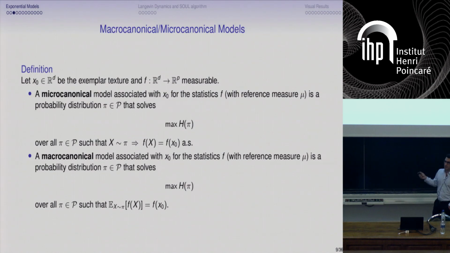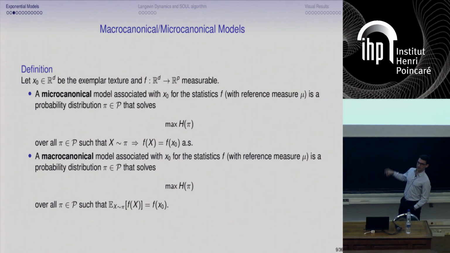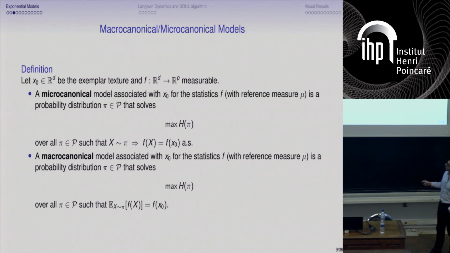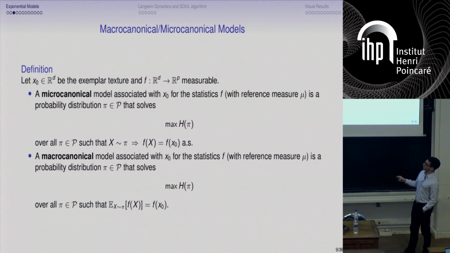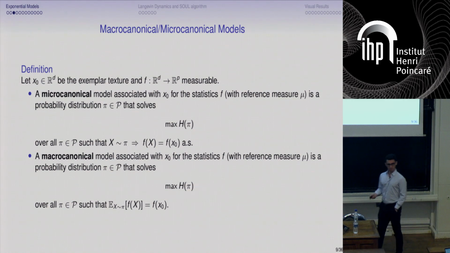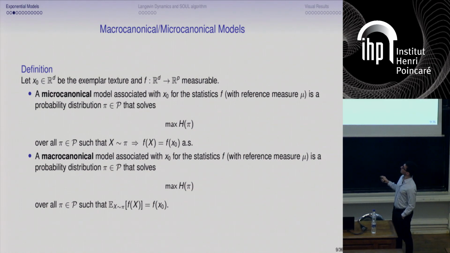So here, I go back to the definition on which I already told you something before. Here, in the whole talk, x0 will be the exemplar texture, and f will be the set of statistics that we wish to preserve. And so again, we define a microcanonical model and a macrocanonical model as the probability distributions that maximize the entropy under a constraint.